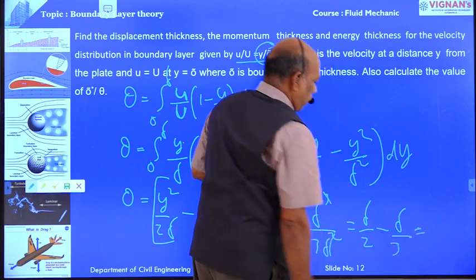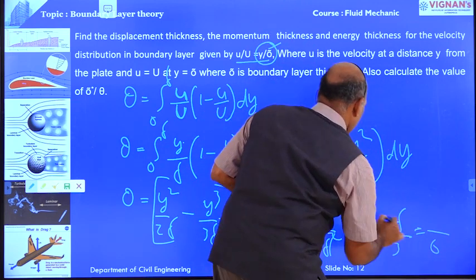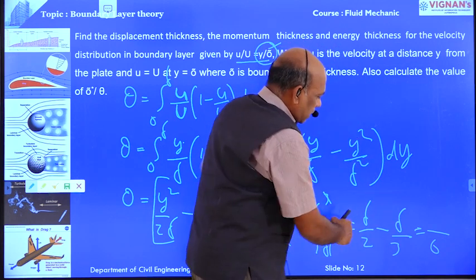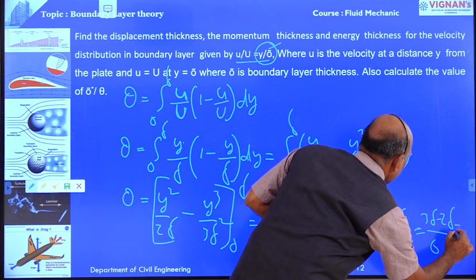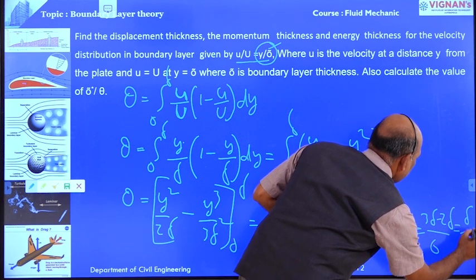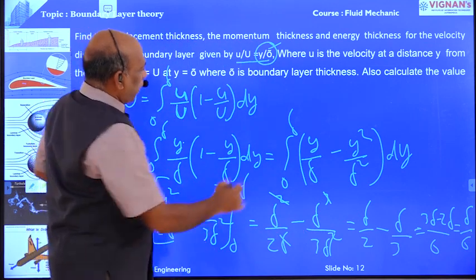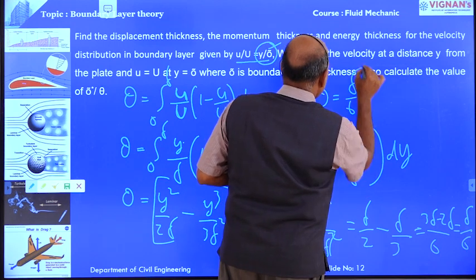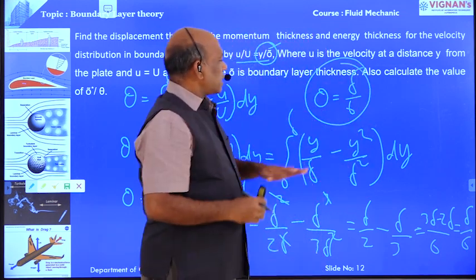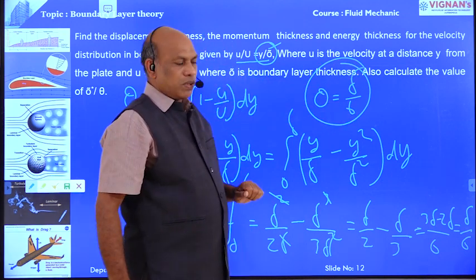Taking 6 as the common denominator, this is 3 delta minus 2 delta, which is equal to delta by 6. Now the momentum thickness theta is equal to delta by 6. Momentum thickness is equal to displacement thickness divided by 6.